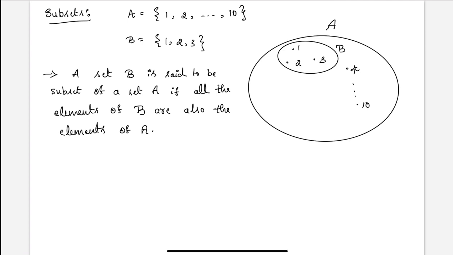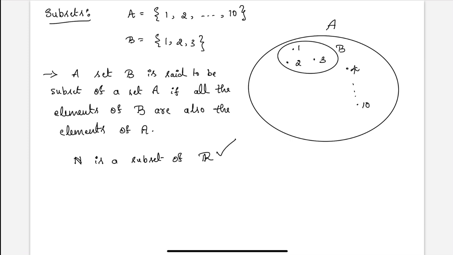So suppose I say natural numbers are a subset of real numbers, this way we are denoting real numbers. So this will be true. All the natural numbers are also real numbers.